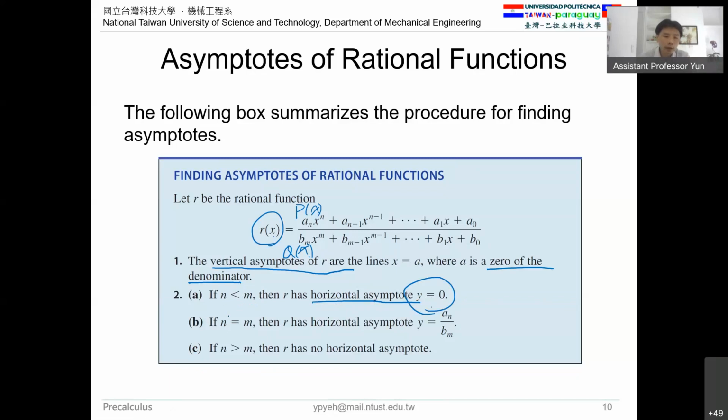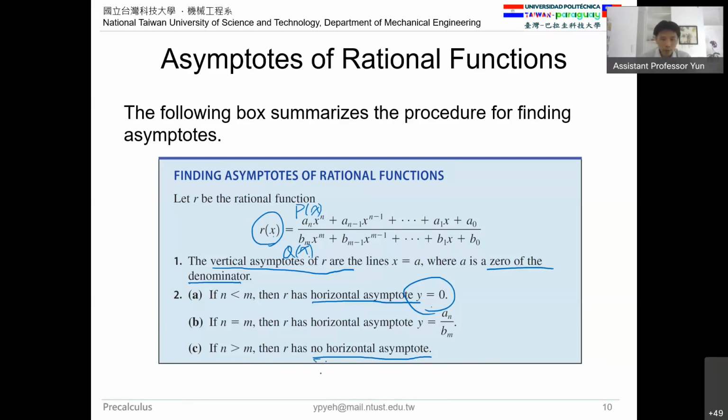And in the case where the degree of the numerator equals the degree of the denominator, the horizontal asymptote is y equals the leading coefficient of the numerator divided by the leading coefficient of the denominator. And in the case of n larger than m, the function has no horizontal asymptote. Okay.